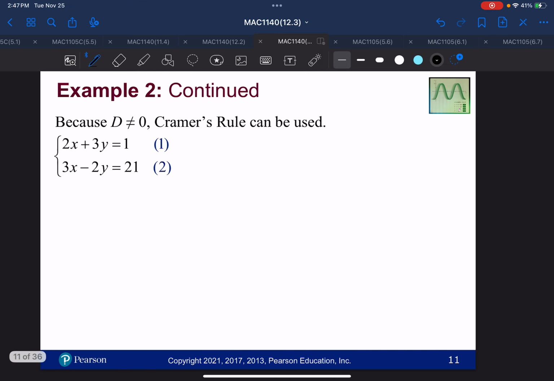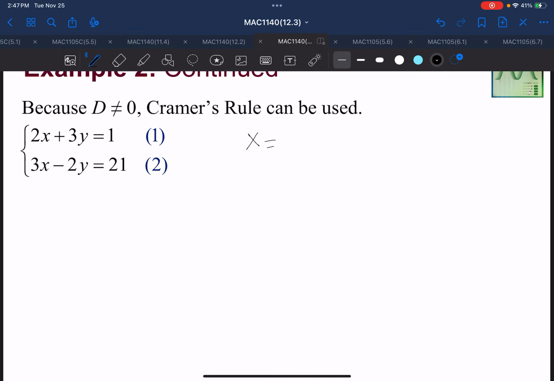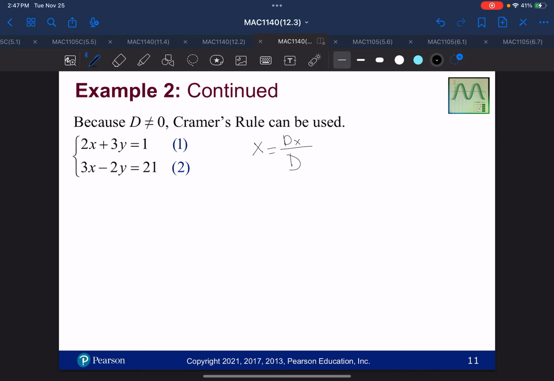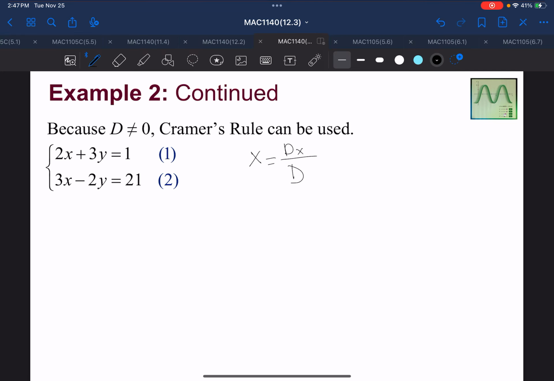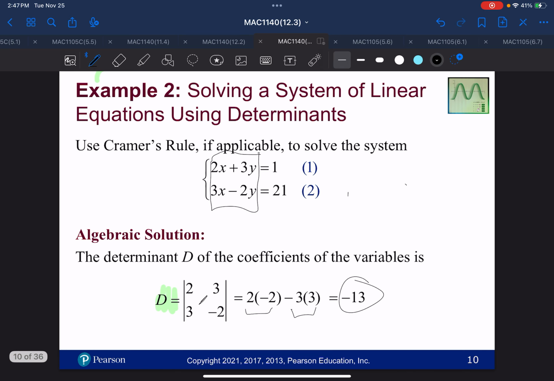So the next thing we're going to do is find the x coordinate by finding the determinant with respect to x divided by the determinant d. And we already found d to be negative 13.